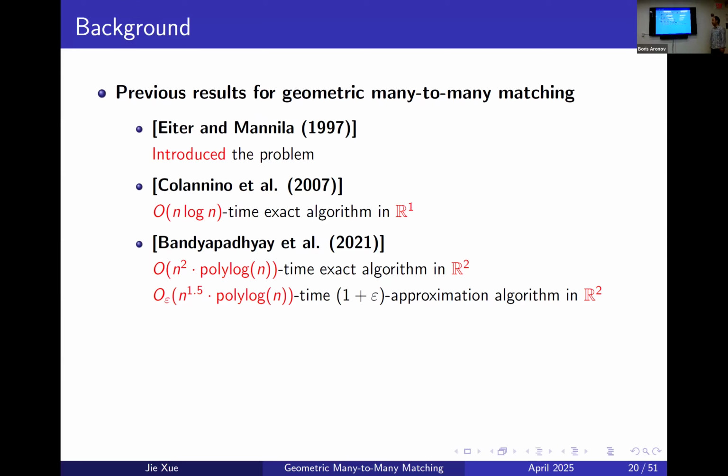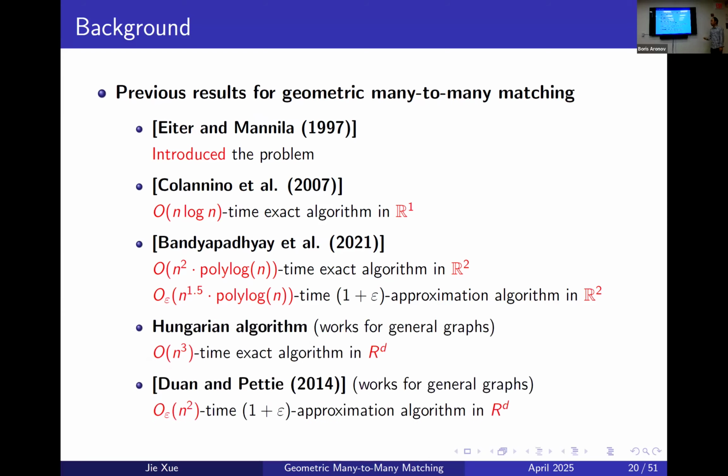And if you want an approximation algorithm, is everyone here familiar with approximation algorithms? Basically, a 1 plus epsilon approximation algorithm computes a perfect many-to-many matching whose total length is not longer than 1 plus epsilon times the best answer. For that, you can do it in roughly n to the 1.5 time.